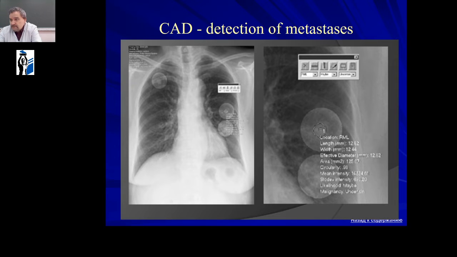This slide shows an illustration of the CAD system. This is the first group of the CAD system.